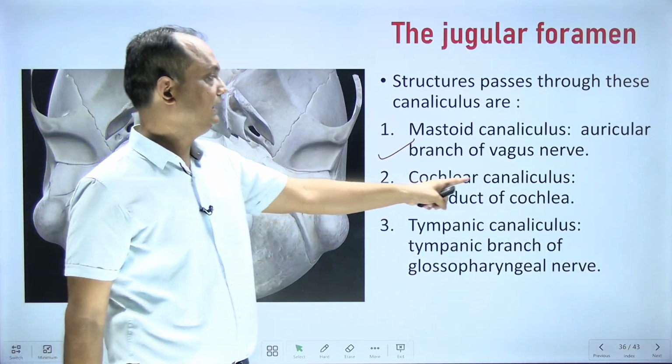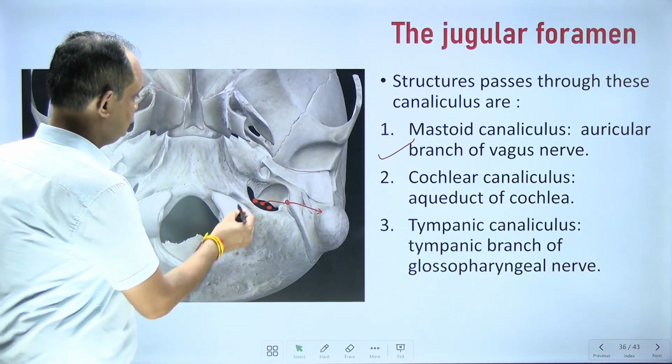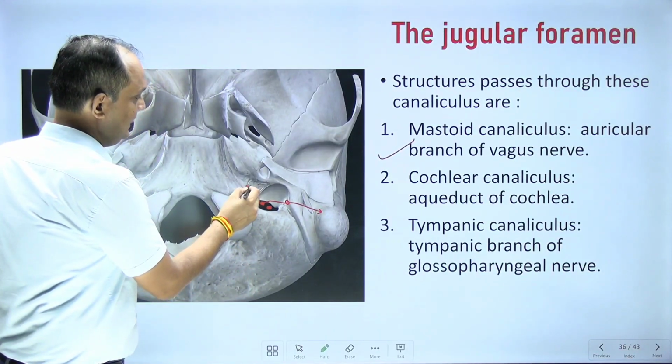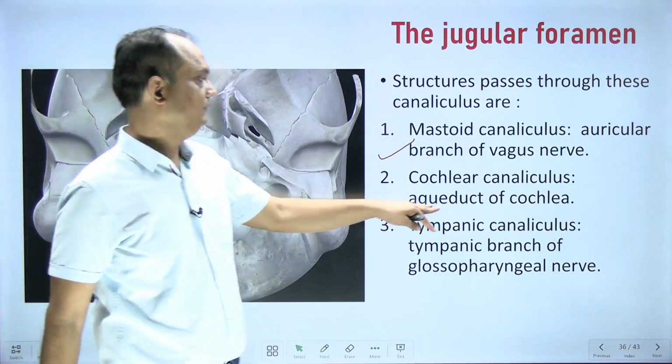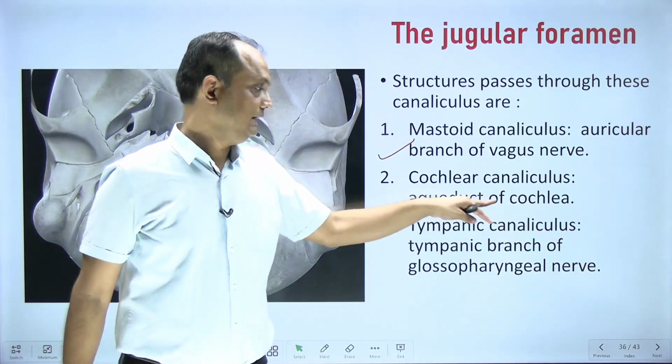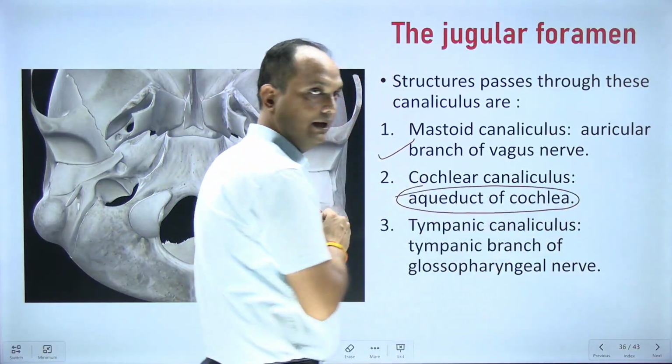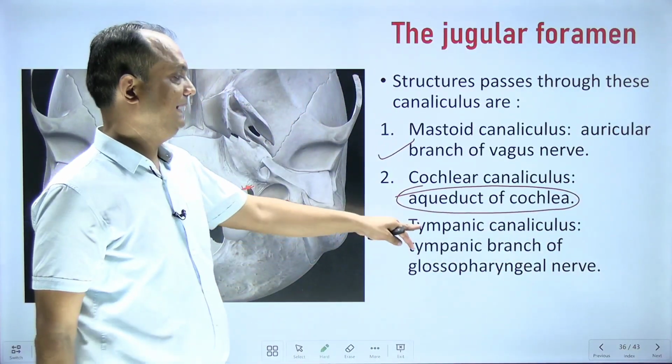Then you will have the cochlear canaliculus. I told you that it is present here, and this cochlear canaliculus has an intracranial connection for your perilymph, present in the aqueduct of the cochlea. Then you will have the tympanic canaliculus.